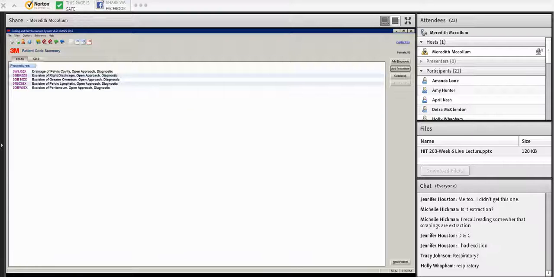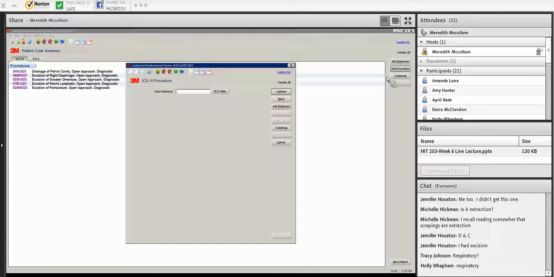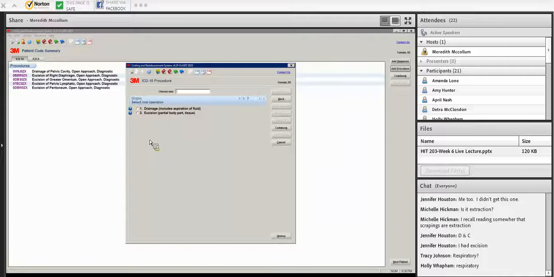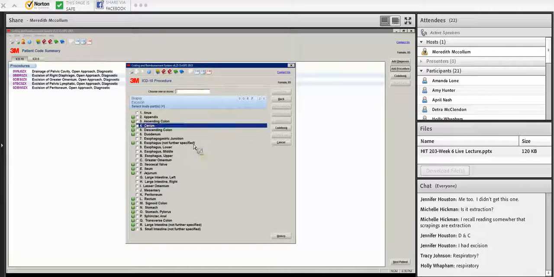Recto sigmoid biopsy. This indicates two different locations. When you use 3M, one of the good things about it is, and it was an excision, you have the rectum, and then you have the sigmoid colon. And remember, with the squares, you can click on multiple ones. So they did two different sites on that.